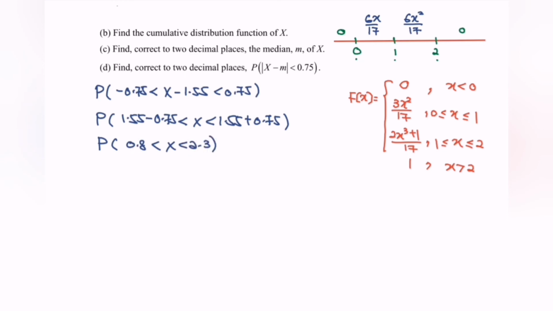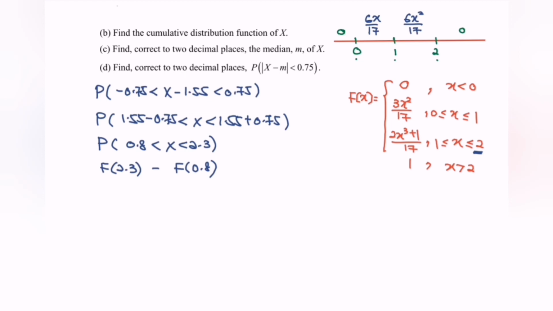So by referring to the situation, we have the maximum is 2. So in here we have capital F of 2.3 minus capital F of 0.8. So kindly refer to the function. So here we have the maximum is 2.